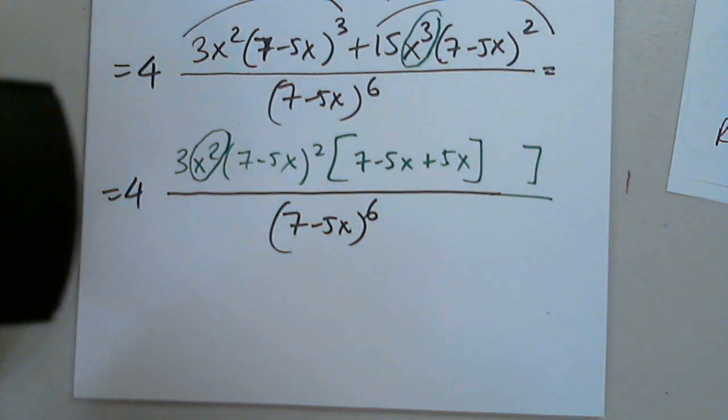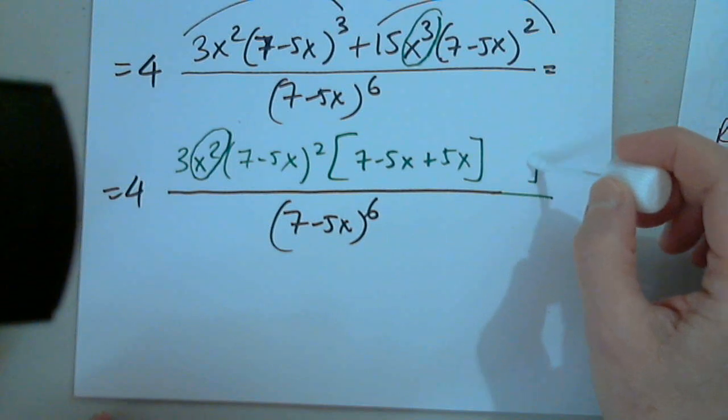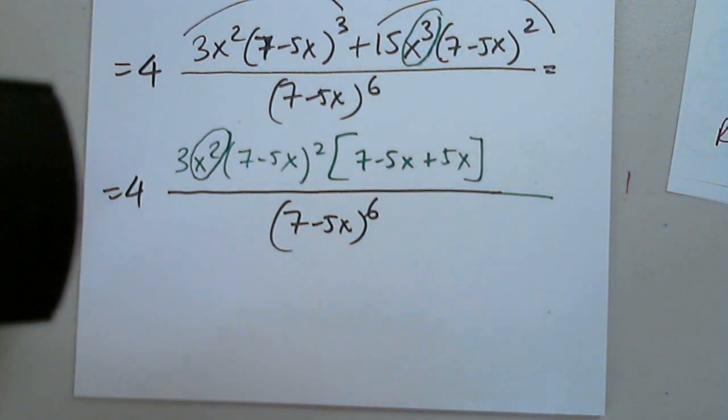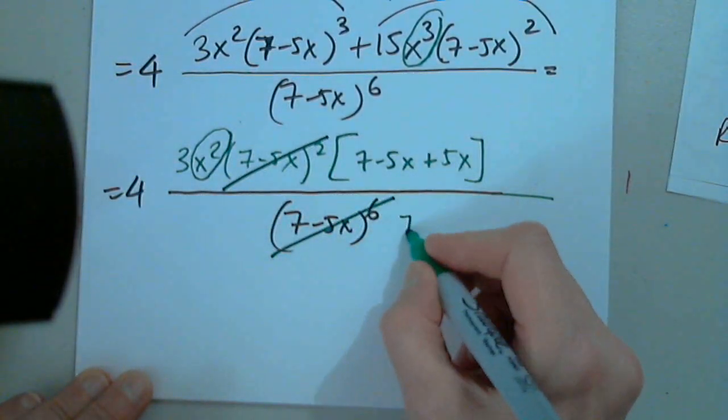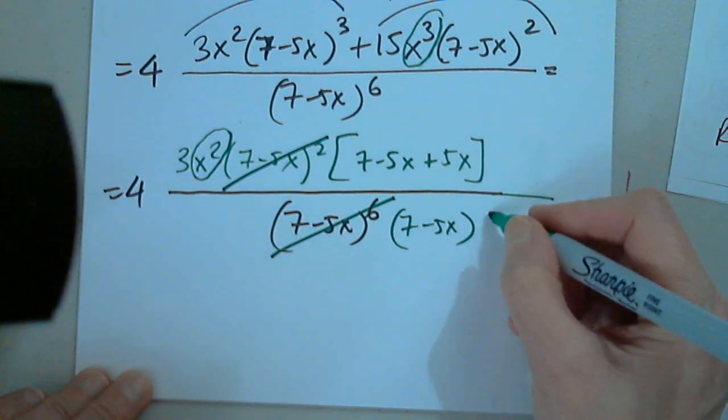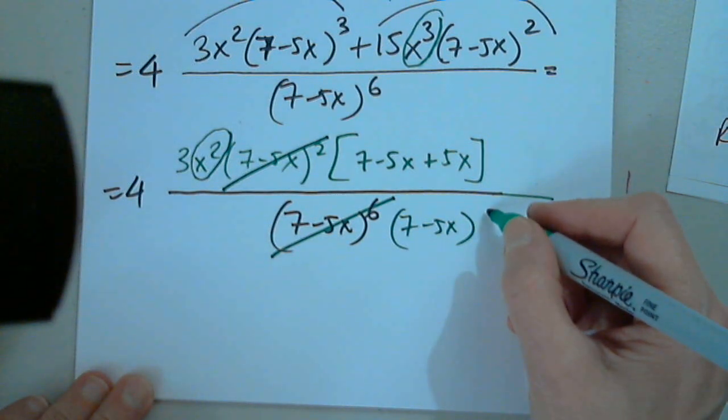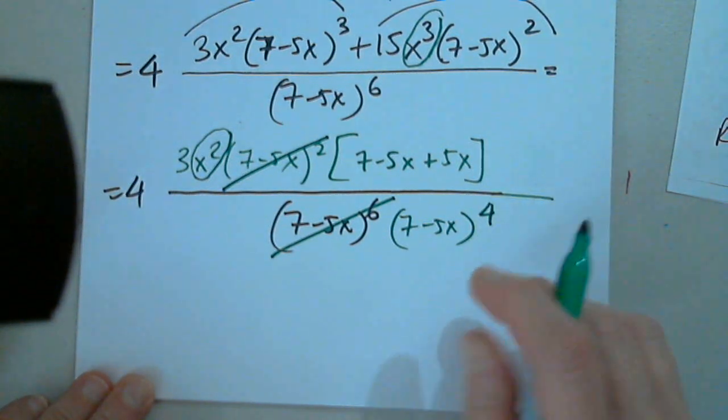Good. That's it. Now, and only now, I can simplify. What can I simplify? How many are left? 4. That's it.